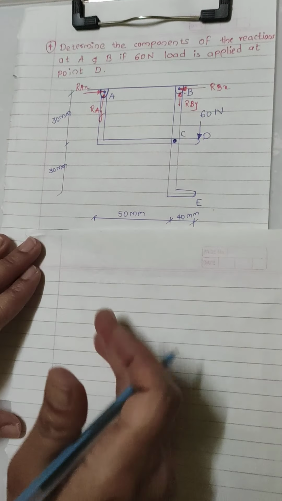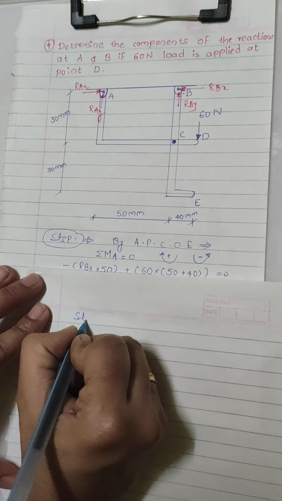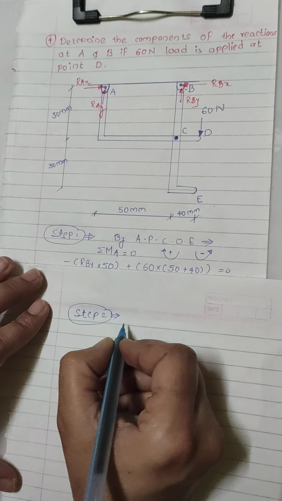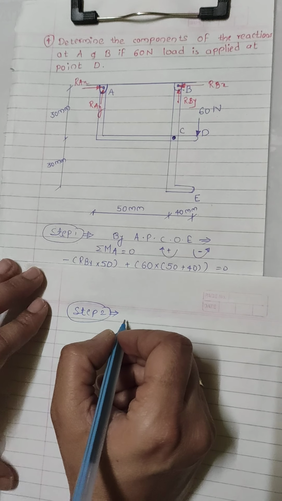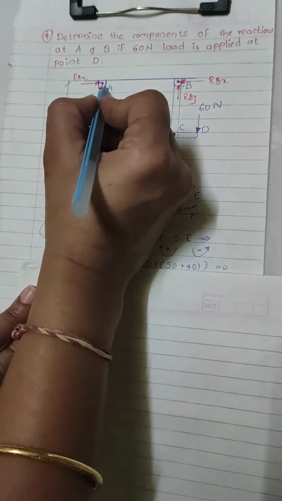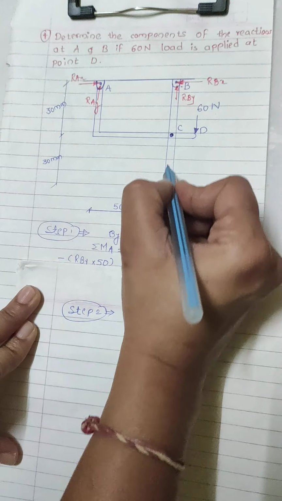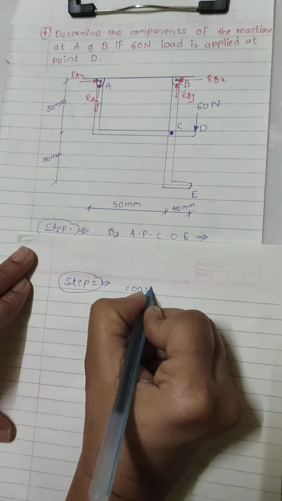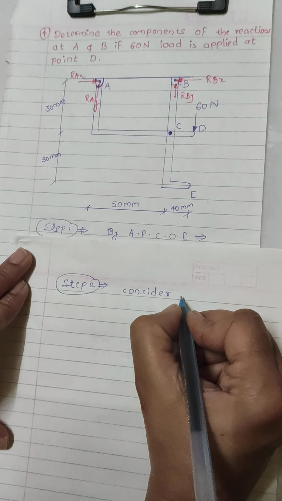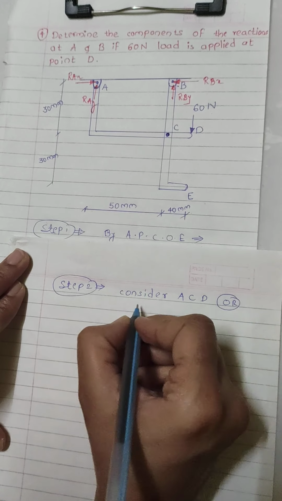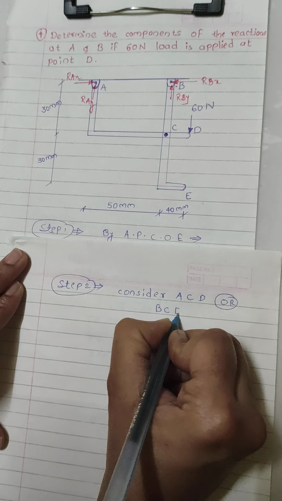Now proceeding with step 2. Now I am dividing the frame into two members. One member will be ACD and another will be BCE. Now I can consider any one of the members for getting the solution, ACD or BCE.